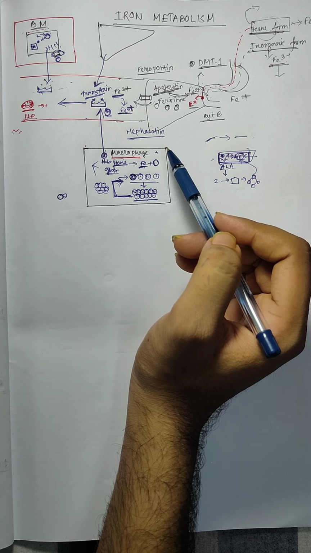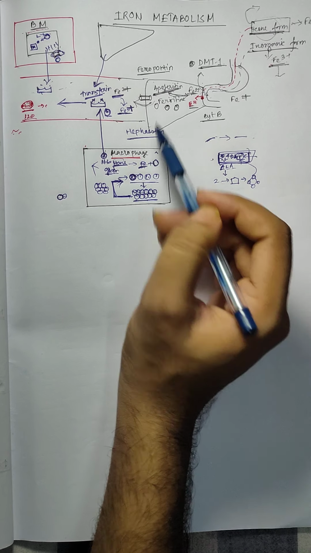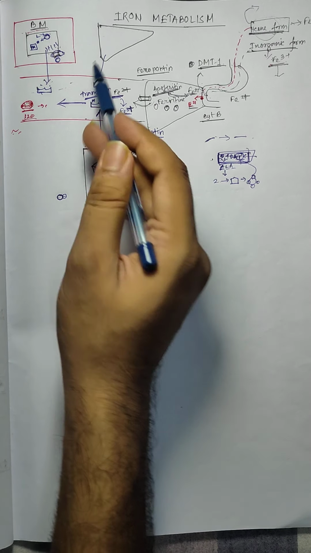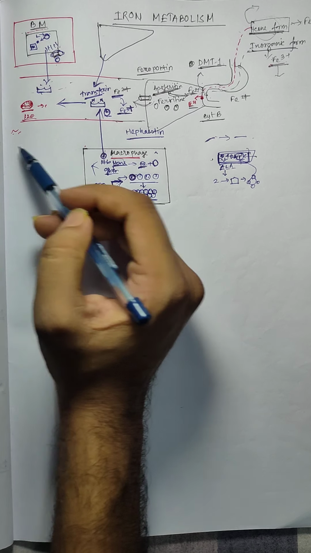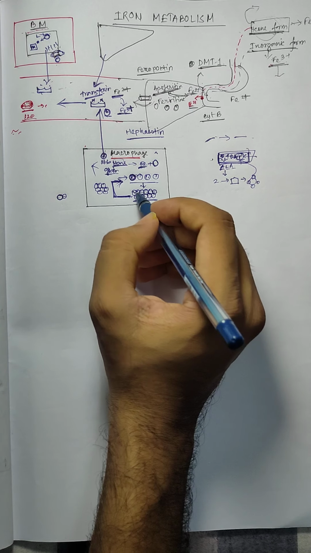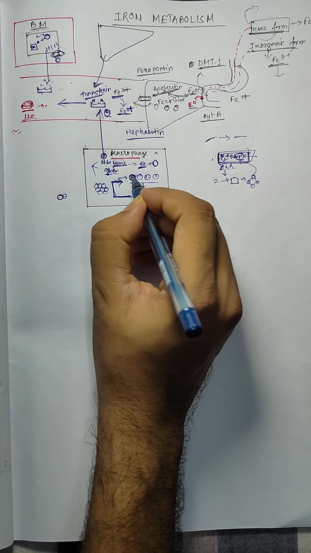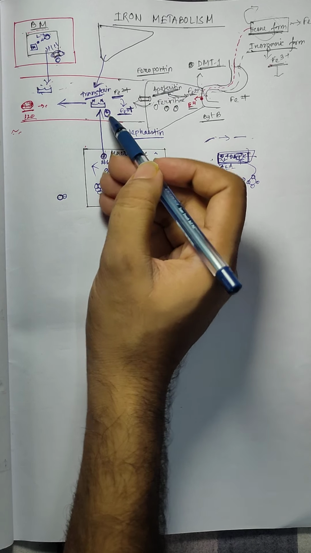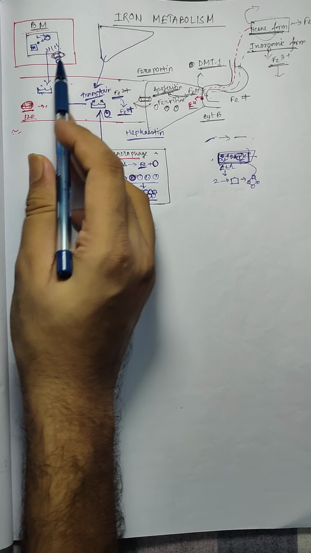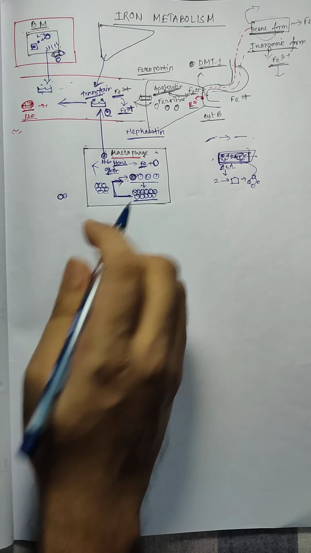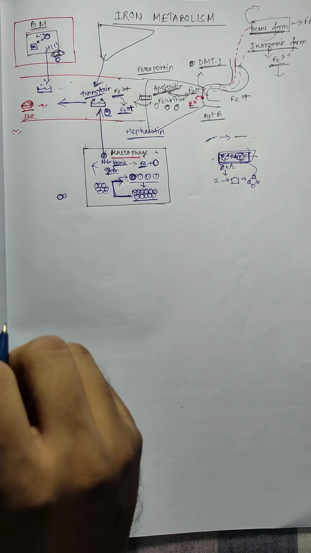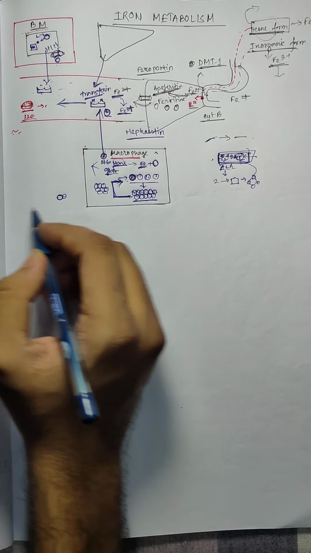So in that case, the iron stores of our body are used for the production of RBC. The hemosiderin breaks into ferritin, and this ferritin comes into the blood and is ultimately used. So this much you should know, and this is the very first part.